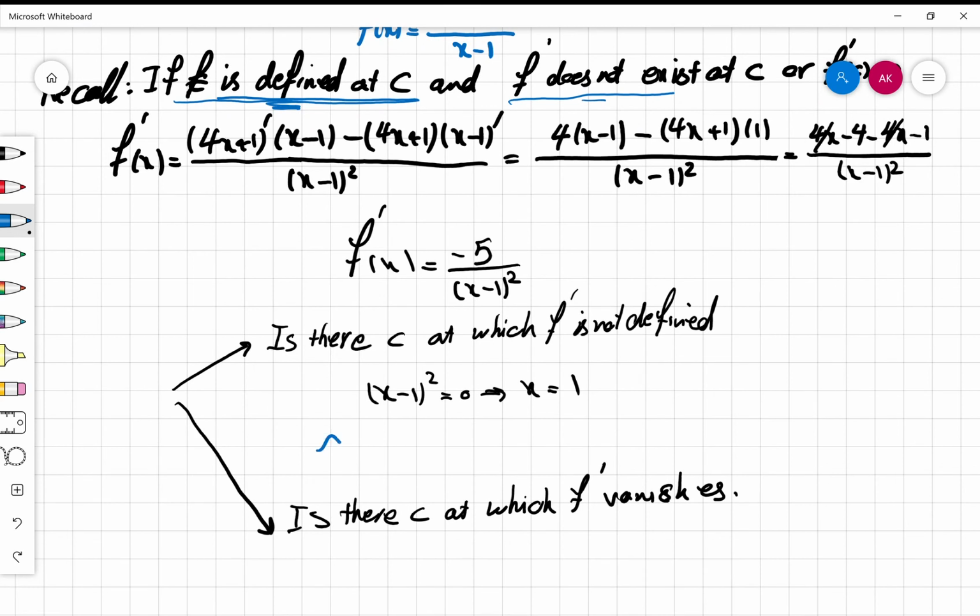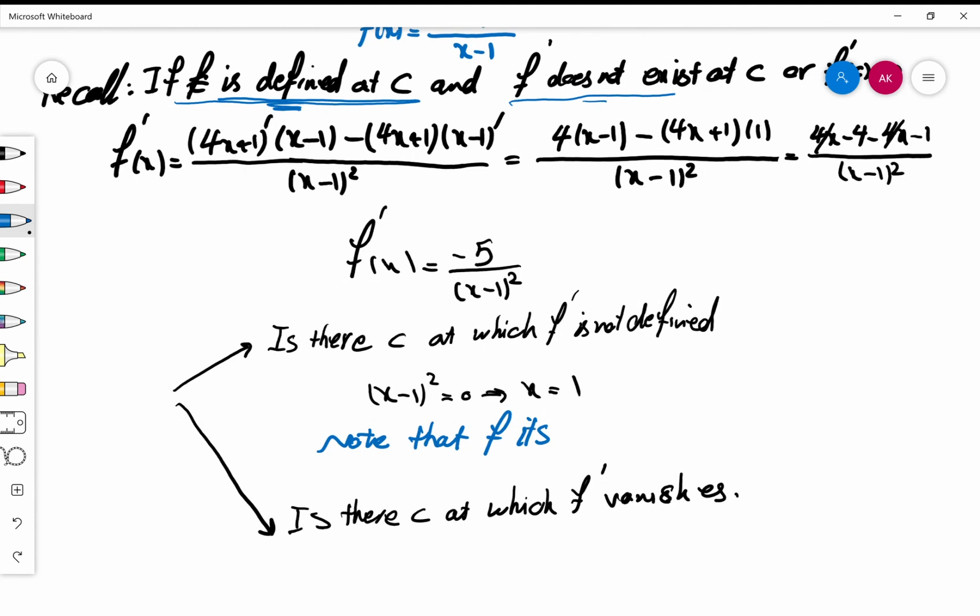But here, note that f itself is not defined at x equal to 1. So x equal to 1 does not satisfy the condition that f needs to be defined at c. So this is not a critical point.